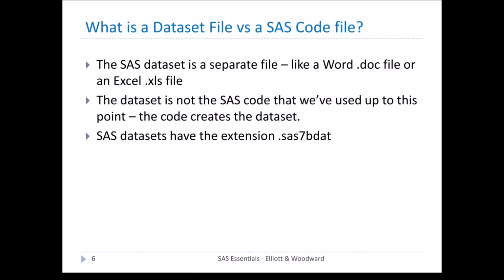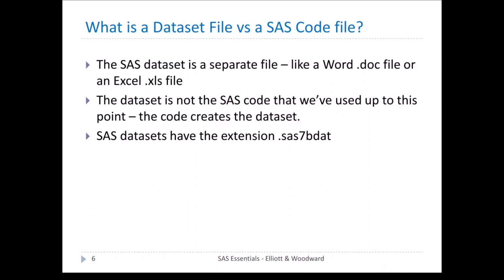So what is a dataset file versus a SAS code file? We're talking about dataset files in this section. The SAS dataset is a separate file like a Word doc file or an Excel file, XLS. It contains more than just the text or the numbers like in an Excel file. It also contains things like formats and calculations. It's not the SAS code.